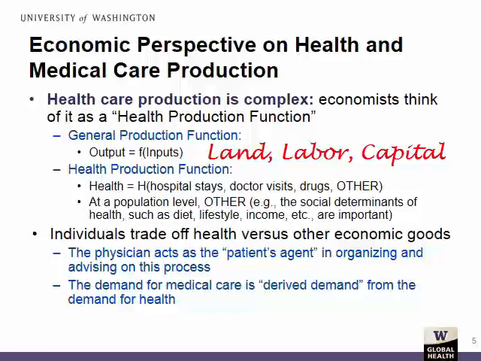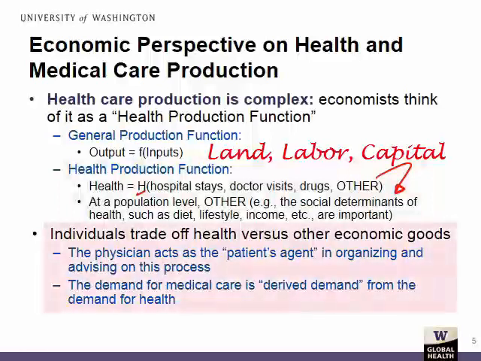And then for health, health is a factor of this function H, which includes things like hospital stays, doctor visits, and medications. And there's this other component, which at a population level includes social determinants of health, such as diet and lifestyle and income, which are all important things that affect how healthy one is or isn't.